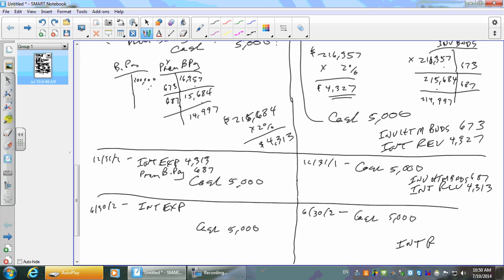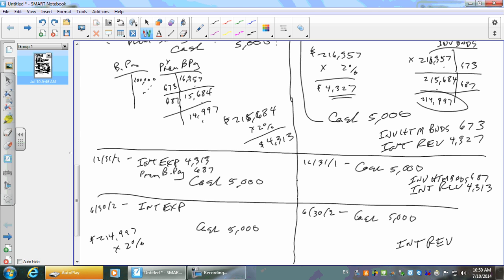All we got to do is figure out how much. Am I right? How much? What's the carrying value we said? 214,997. Let's calculate it. 214,997 times what, guys? You discounted at what? 2%. What do you want to compound at? 2%, the same thing, right?